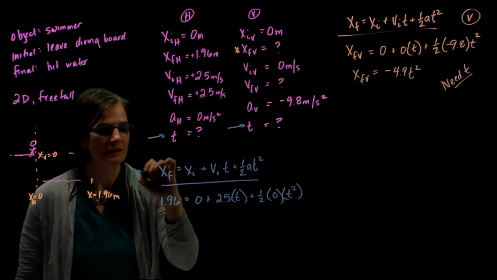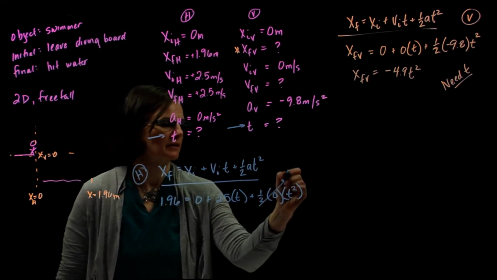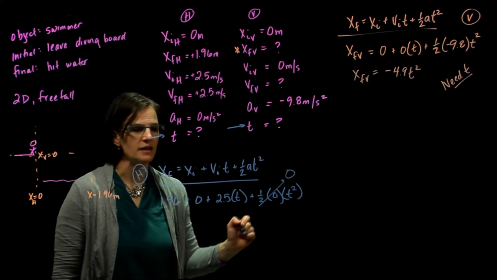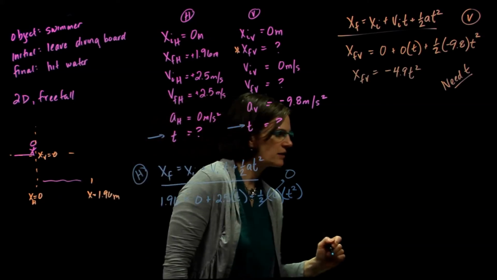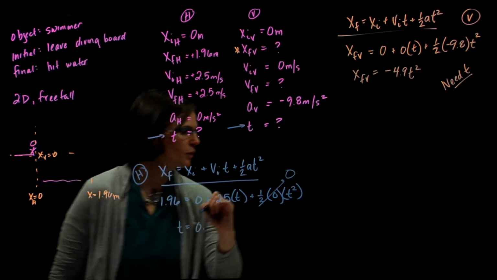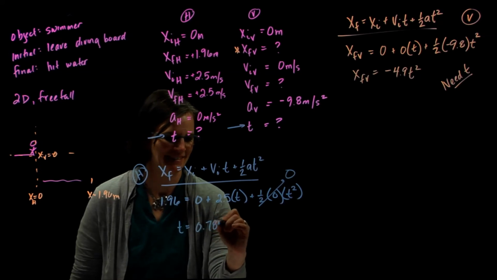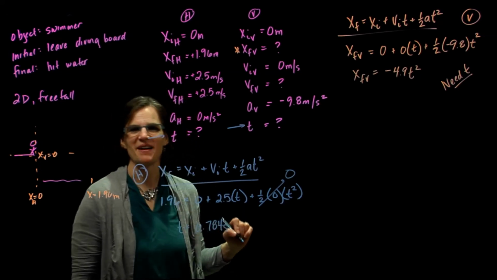So this is using our horizontal information to go after time. Well, 0 times anything is just 0. I can get rid of that term. And I'm left with my time equaling 0.784 seconds after I do my algebra.